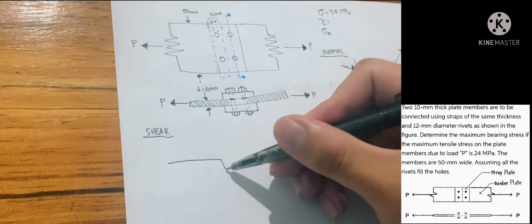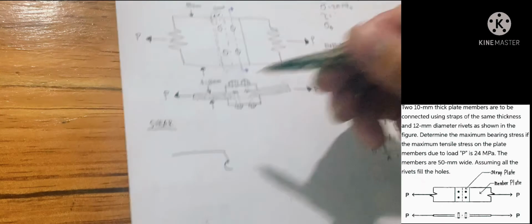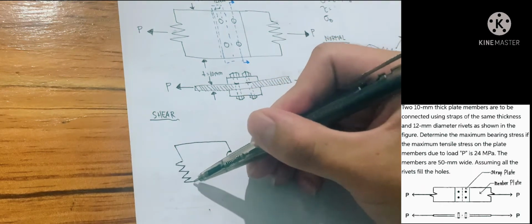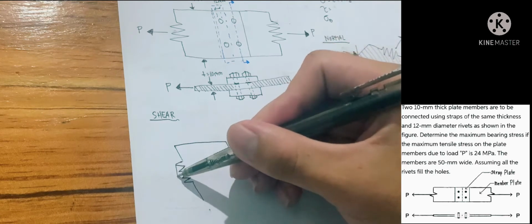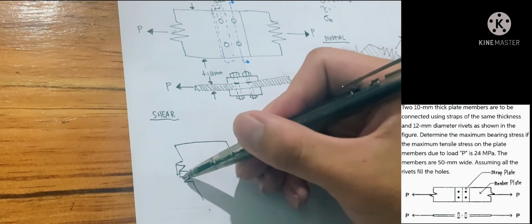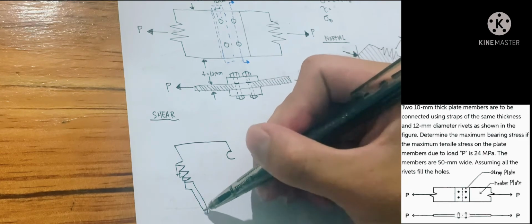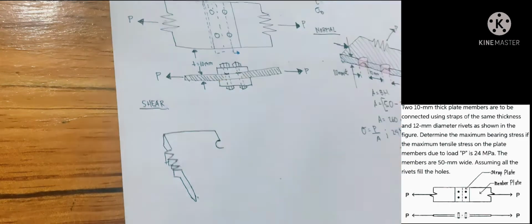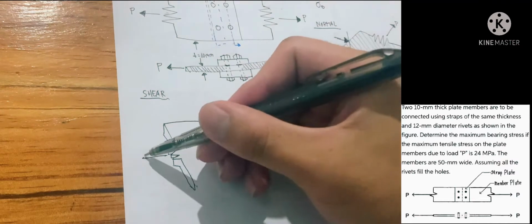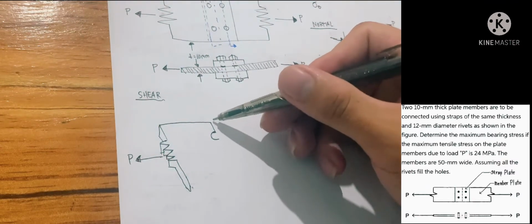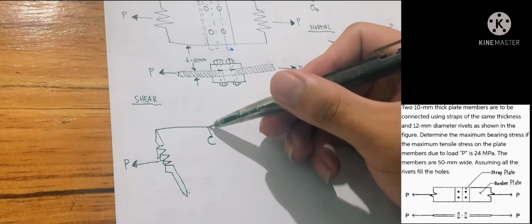The location where the plate would have the most resistance would be the place where the two rivets are located, because the rivets are trying to hold the plates in place.